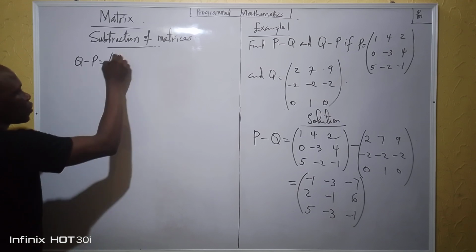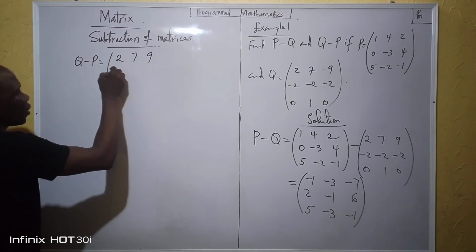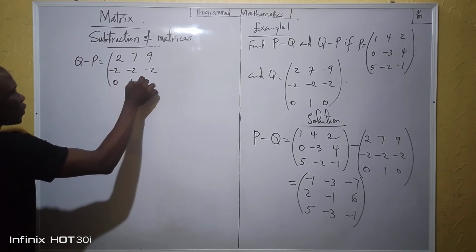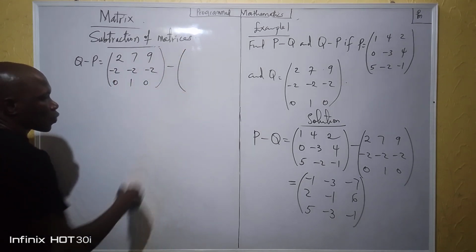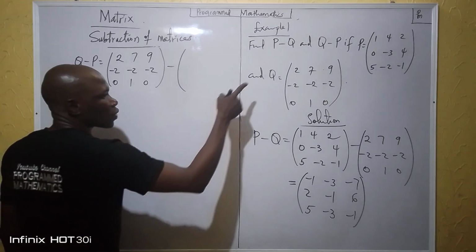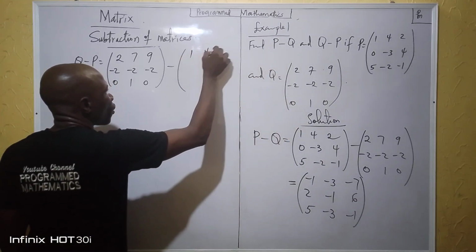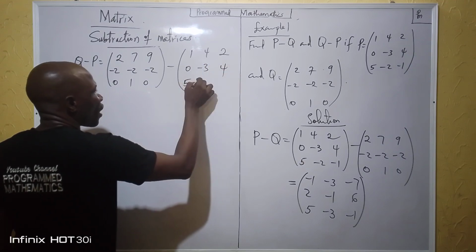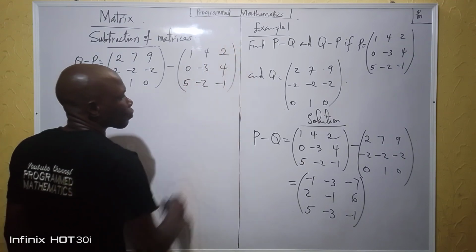Our matrix Q is 2, 7, 9, minus 2, minus 2, minus 2, 0, 1, 0, minus matrix P. Matrix P is 1, 4, 2, 0, minus 3, 4, 5, minus 2, minus 1.